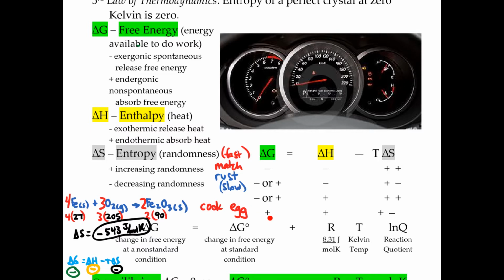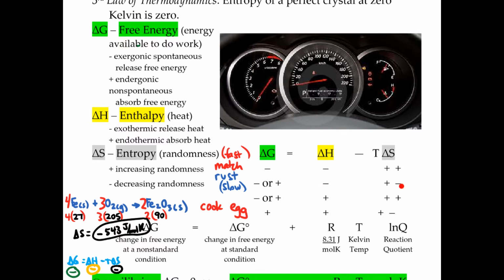Now mathematically, if you had two negatives here or two positives, it could go either way depending on which one wins out in absolute value. So if they're both negative, the one that favors spontaneity is the negative H. So that means that it has to be really, really exothermic compared to not getting too organized.